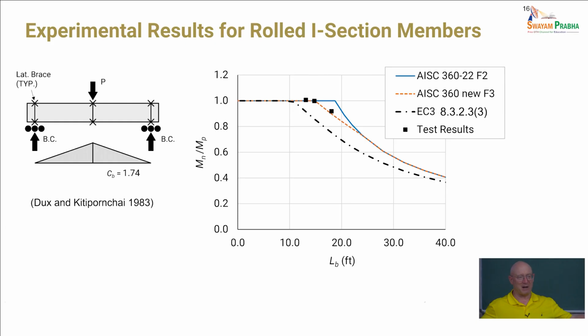You'd have to have a super long beam to create this problem, and you're getting into a realm where you'd be challenged that you're not going to have a serviceability problem if you were using such a beam for the lateral torsional buckling strength. These are rolled beam sections, so the web's really not stressed very much in terms of shear stress. Yeah, it's really an issue of the way we scale by CB.